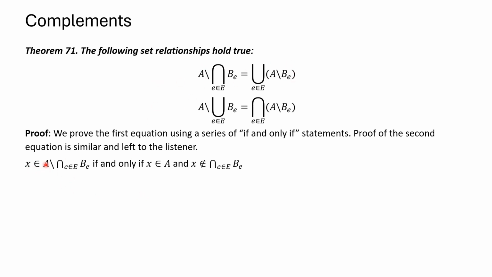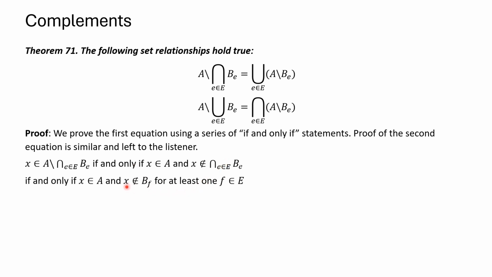So if X is an element of A minus the intersection of all these B's, that's true if and only if X is in A and not an element of this intersection. And that's true if and only if X is in A, yes, we already had that, and then X not being in the intersection, what does that mean? It's not in every element in this set, so it just needs to not be in at least one of them.